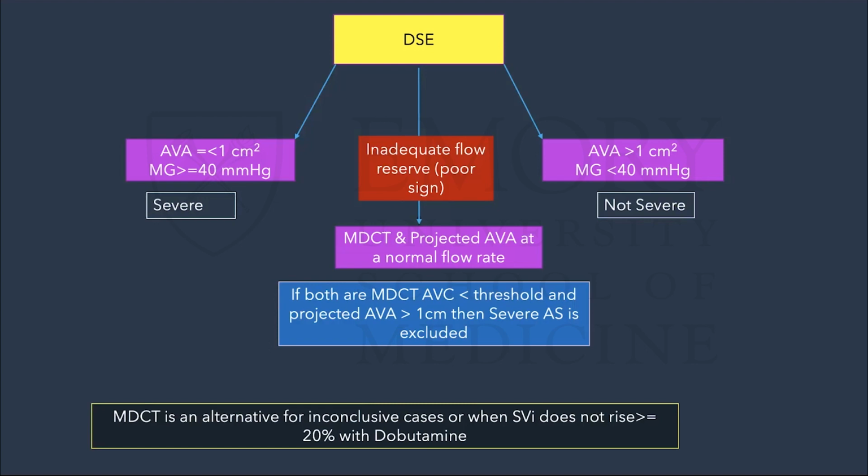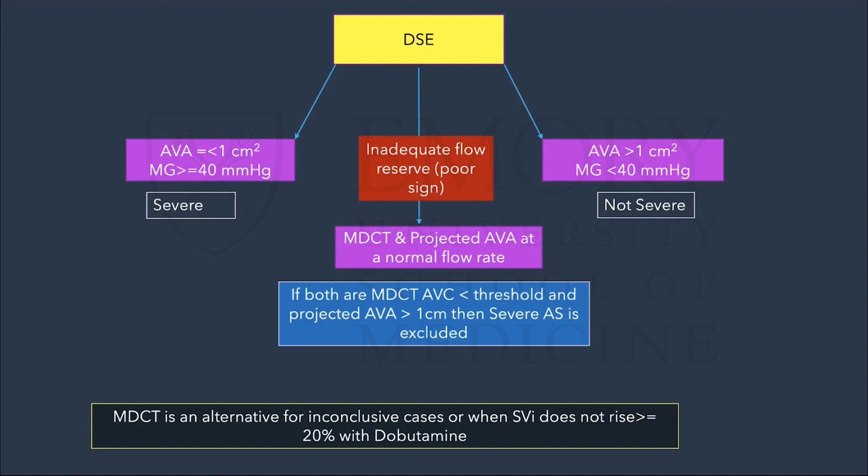This is the middle group, which might be a little confusing, and those patients could have different reasons. Those who had inadequate flow reserve, which means with dobutamine they did not have an increment in their flow of about 20%, it may be hard to decide based on the dobutamine stress echo by itself. So these patients can be assessed further by MDCT, where we look at the calcium score of the aortic valve and compare it with a threshold of 2,000 for men and 1,200 for women.